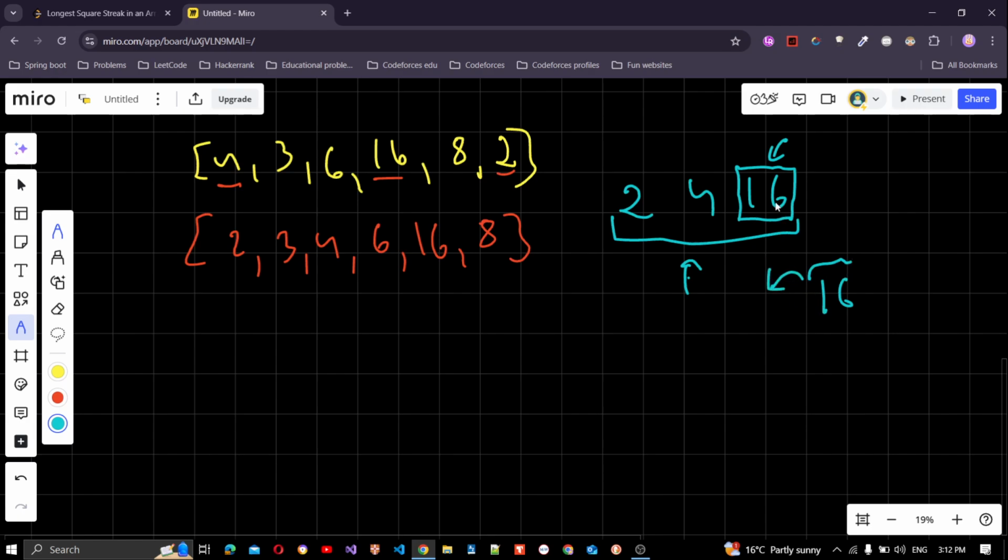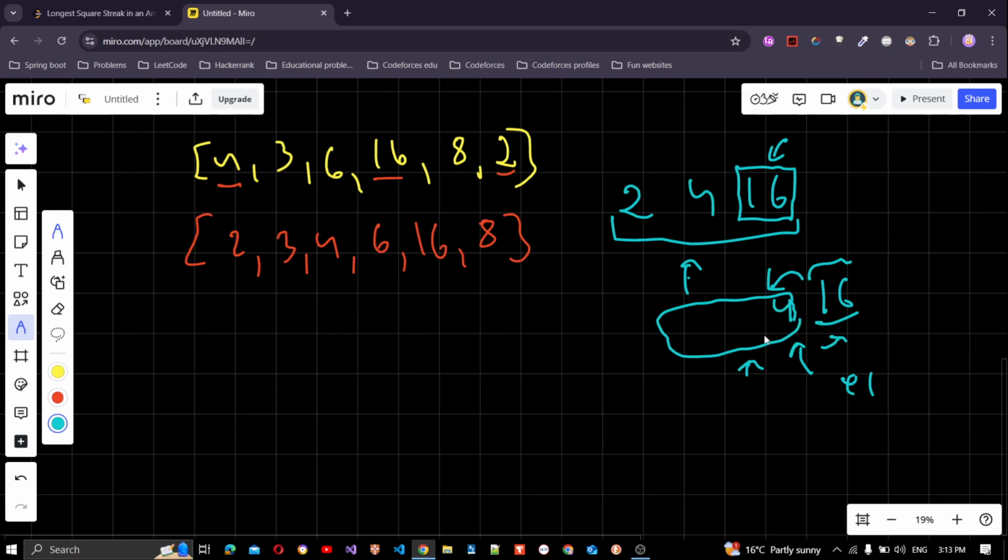So if we have 16, the previous element has to be 4. So if we can know the length of the sequence that ends with 4, then we can find the length of the sequence that ends with 16. It's just one more element, so we just add 1. So that's where the DP idea comes from. You have a way to transition from a smaller instance of the problem to a larger one.